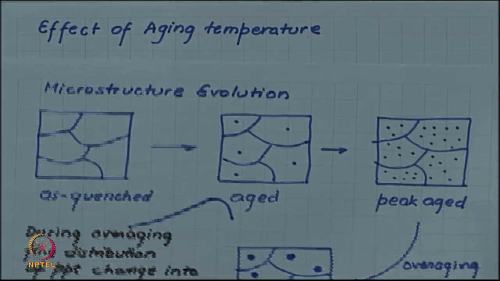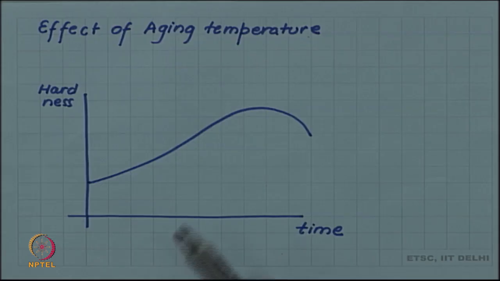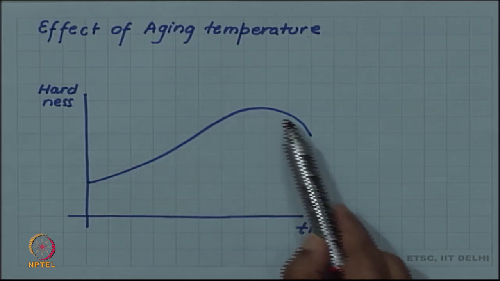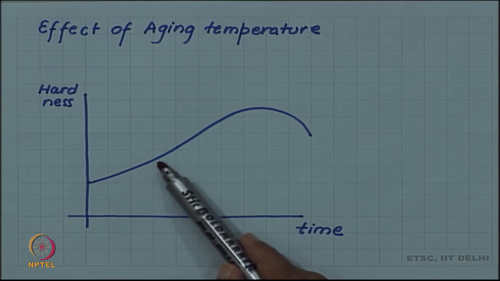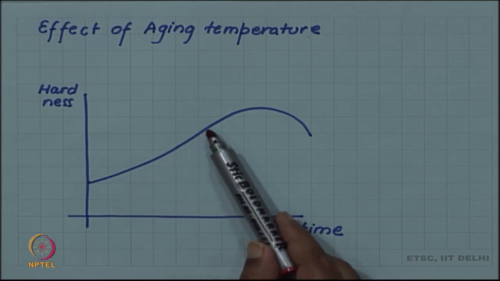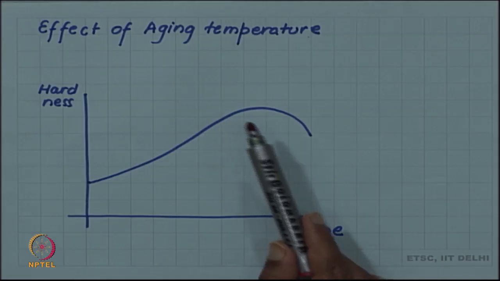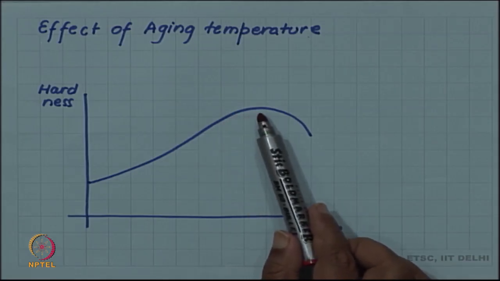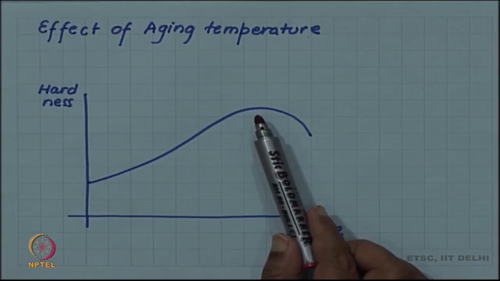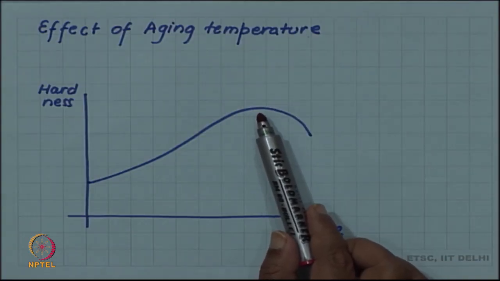So, now more or less we have seen the explanation for the aging curve. Initially, as more and more precipitates form, more and more obstacle to dislocation motion is there. Finally, when all the precipitates have formed, we have a fine distribution of precipitate, fine and numerous precipitates are there.